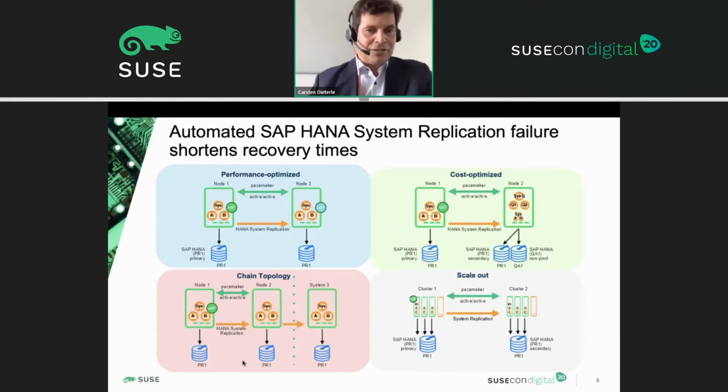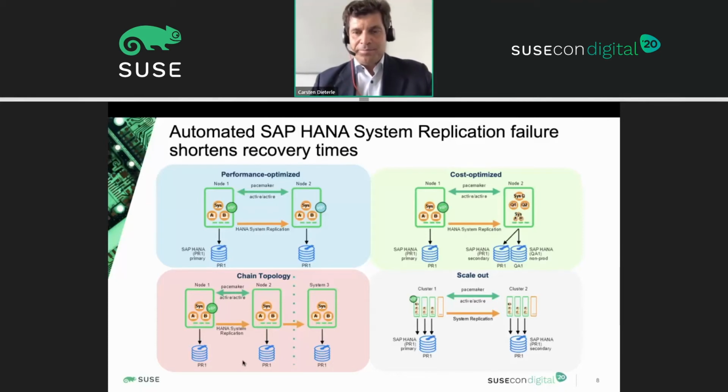You have probably a third installation where you have your DR location for when the first two locations fail. As well, that is possible, and even with scale out, as I mentioned before, you can do high availability setups, and they are the same as on the x86 platform.